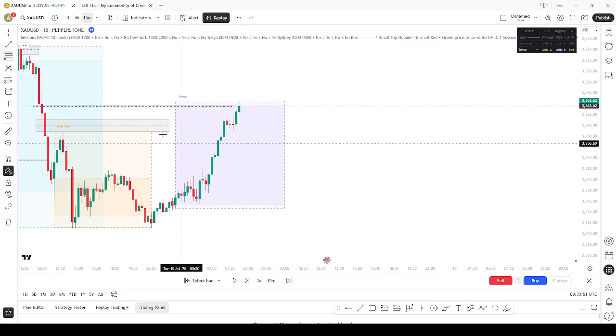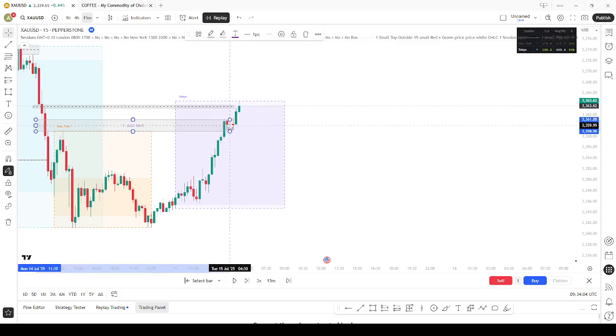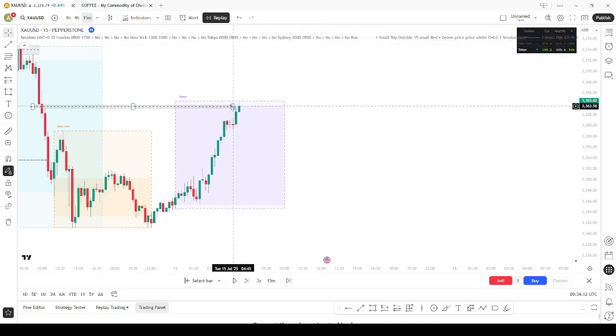You can see how all those things come in line. Of course this imbalance tricked some people. Yes, it showed a reaction, but it eventually broke below. So you just have to be much more disciplined and wait for momentum.